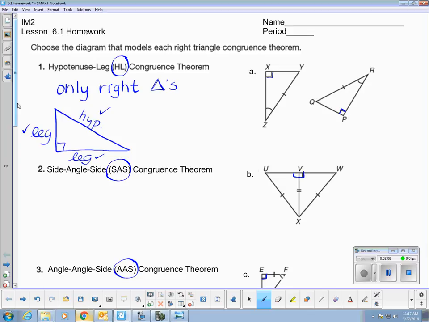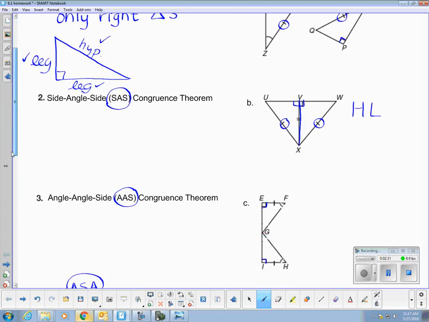In the letter A, all I have is the hypotenuse. So this is definitely not hypotenuse leg. In B, I do have a pair of hypotenuses that are congruent. And because this leg is shared by both triangles, I'm going to say that these two triangles are indeed congruent by hypotenuse leg.